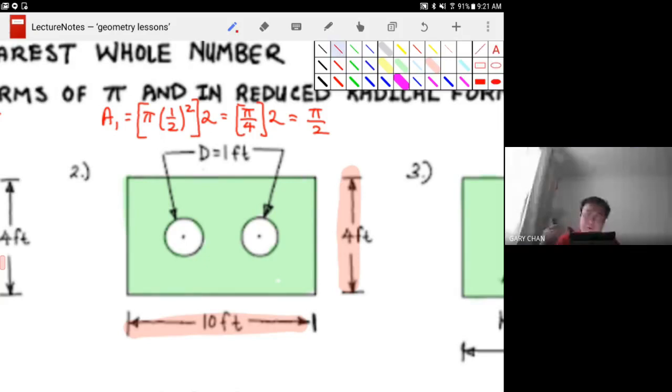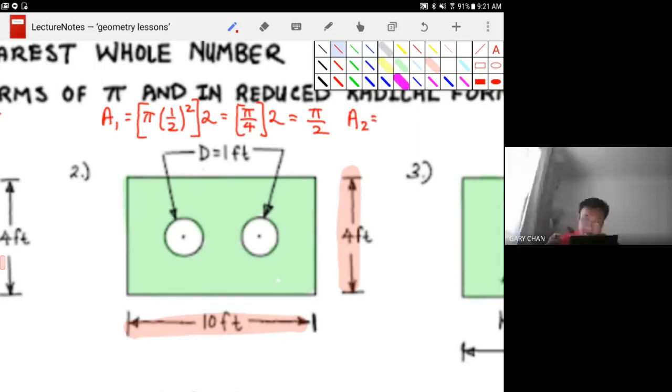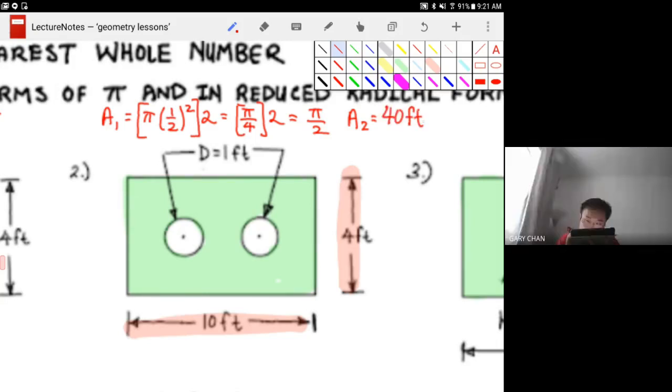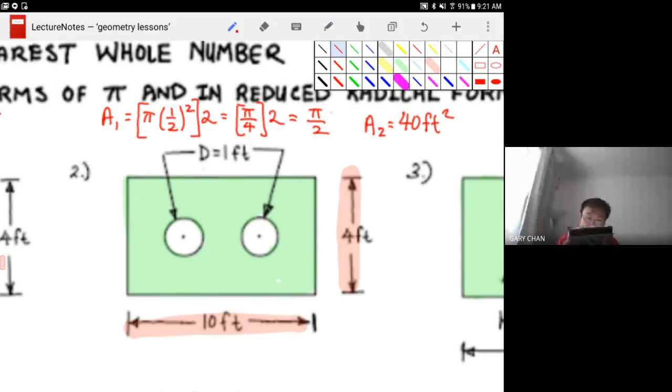So if I find the area of the rectangle, what's the area? 40. That's it. 40 feet squared is the area of the overall rectangle, and the area of the holes is pi over 2 feet squared.